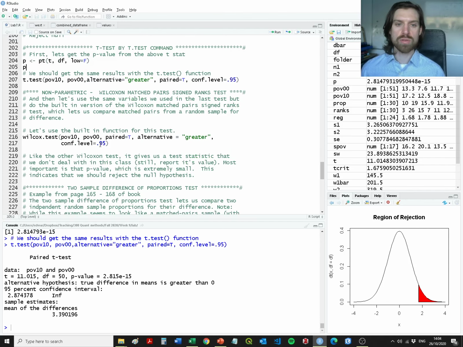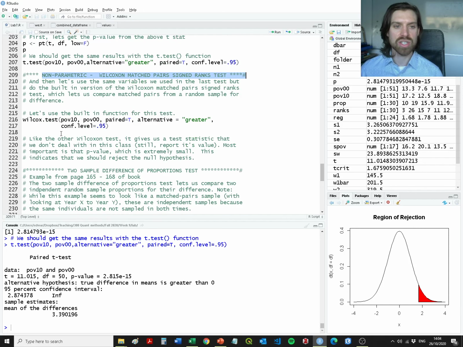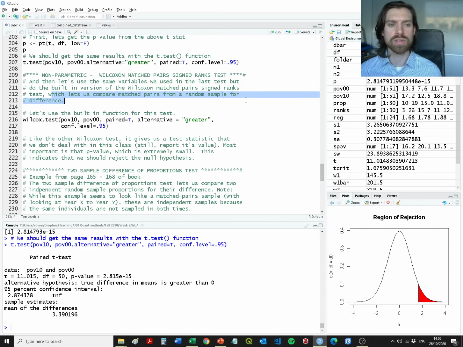Great, so let's just move on now to the non-parametric Wilcoxon matched pairs signed rank test. And essentially, we're just using the same variables as we used in the last test to do the inbuilt calculation here, which lets us compare the matched pairs from a random sample for the difference.